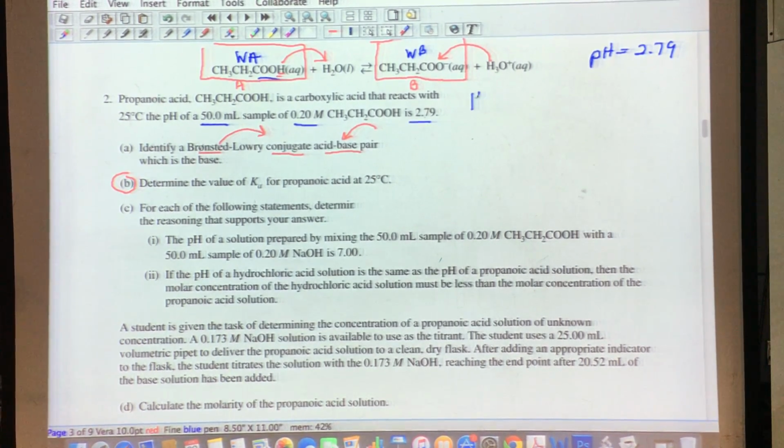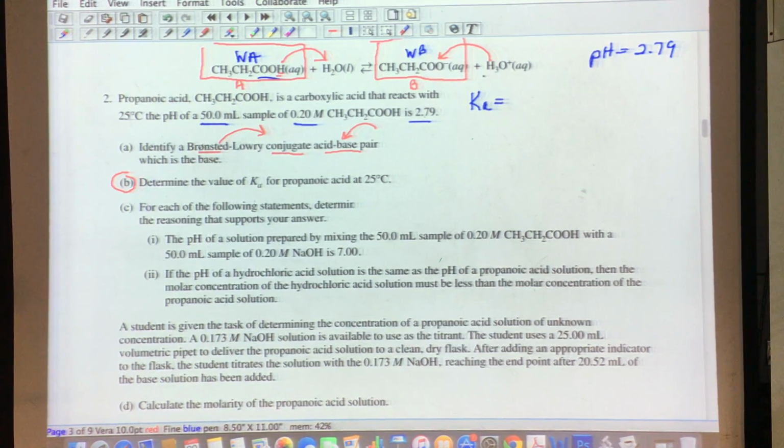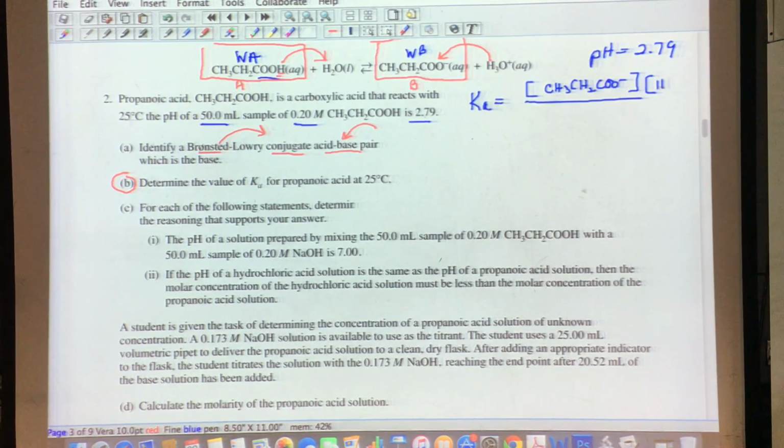Ka is going to equal the concentration of my conjugate base, which is CH3CH2COO minus, and you don't have to write all of this, but I'm just teaching the problems, times H3O plus, because it is aqueous, all over the conjugate acid, which is CH3CH2COOH.